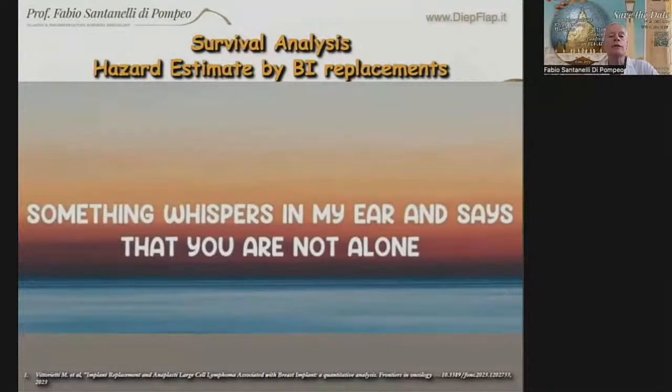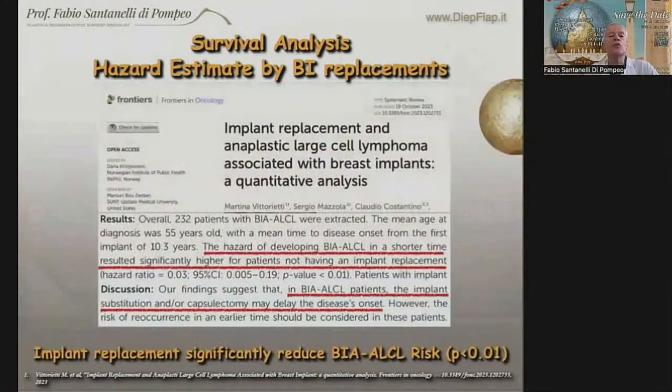Thank God, this survival analysis was not done just by us, but also by a second group of researchers. They found the same as what we established, and they concluded that implant replacement significantly reduced the BIA-ALCL risk.